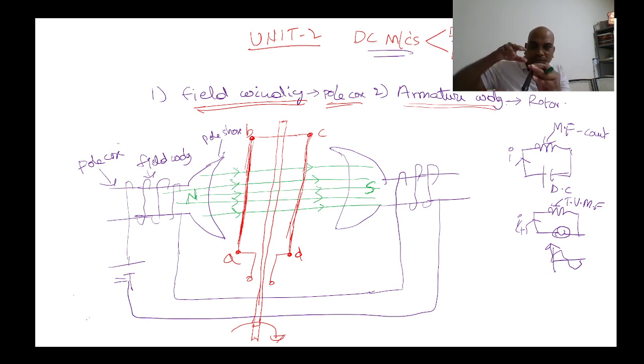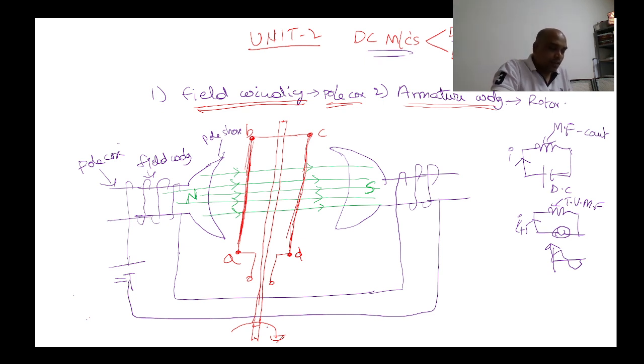If you apply mechanical force on the conductor and rotate in clockwise, these two conductors will rotate like this. If you rotate in anti-clockwise direction, these two conductors will rotate in anti-clockwise direction. So here mechanical input is given to the rotor and electrical input is given to the field winding.